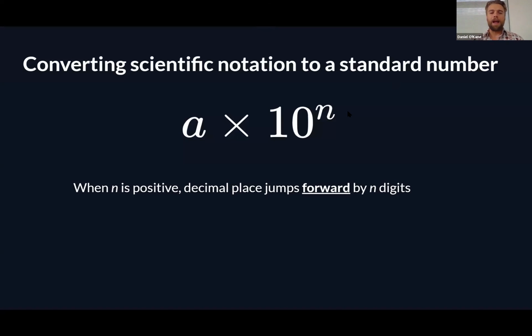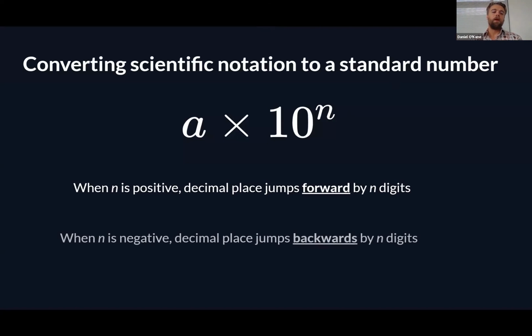So if it's 10 to the power of 3, for example, the decimal place is going to jump forward 3 times. And when n is negative, that decimal place is going to jump backwards by that many digits. So if it was 10 to the power of negative 2, for example, that decimal point is going to jump backwards twice.